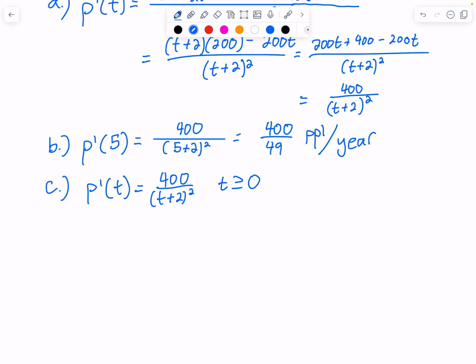So if t is greater than or equal to 0, P prime is at max when t equals 0. And the reason being is if I make t bigger, the denominator gets bigger, which makes it closer to 0. Okay, I got one more problem here.